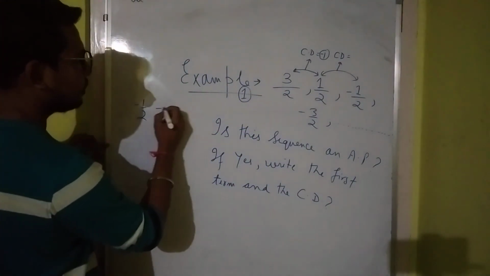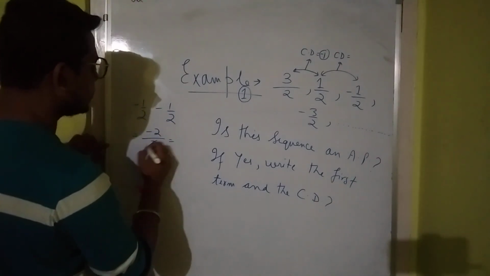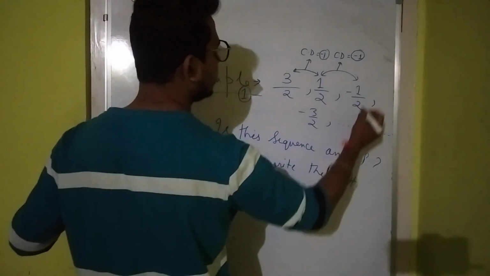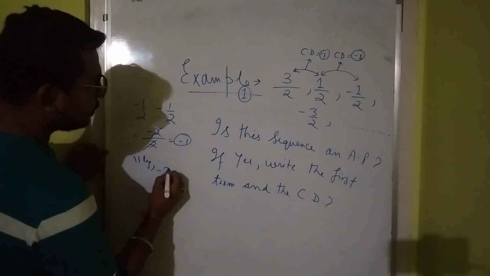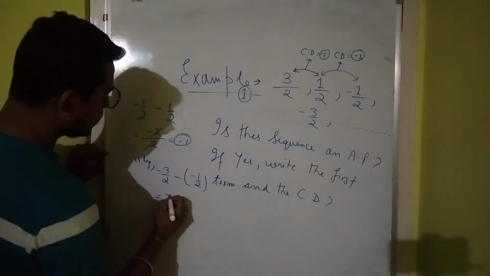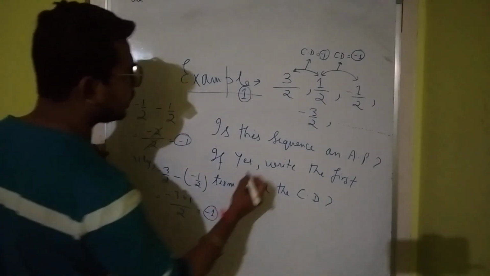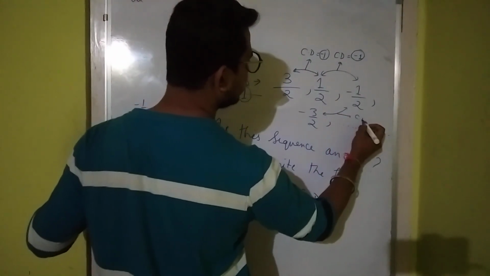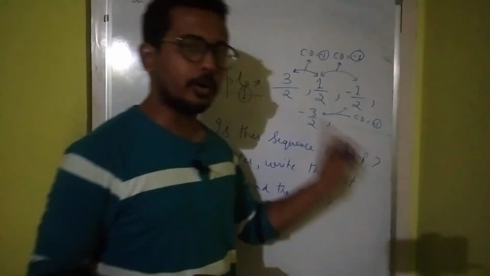So minus half minus 1/2... sorry, minus 1/2 minus 1/2, which is minus 2/2, which is minus 1. So this is minus 1. Again similarly, minus 3/2 minus half, which is minus 3 plus 1 by 2, which is minus 1. तो इन दोनों के बीच में भी जो कॉमन डिफरेंस है वो आ रहा है -1.